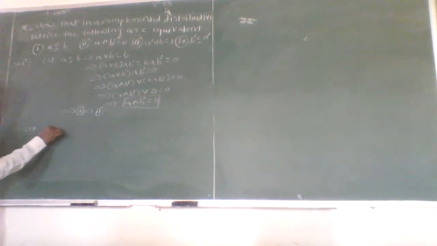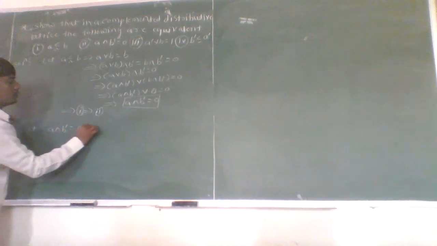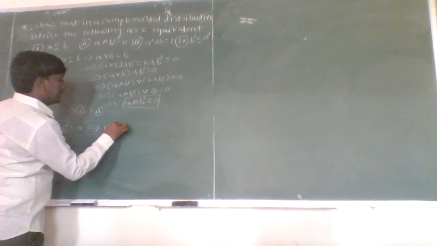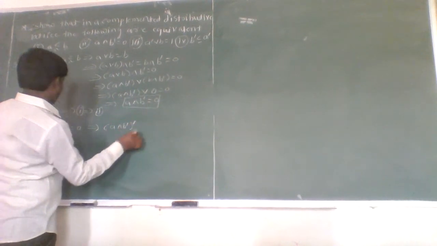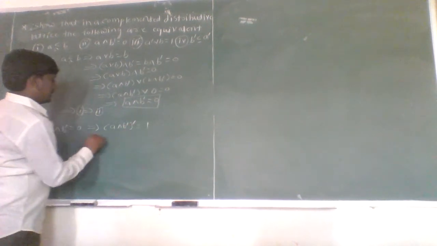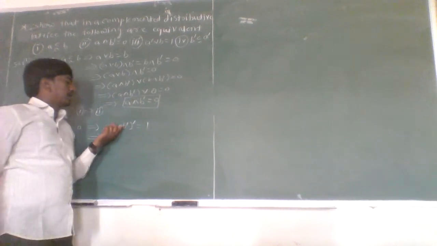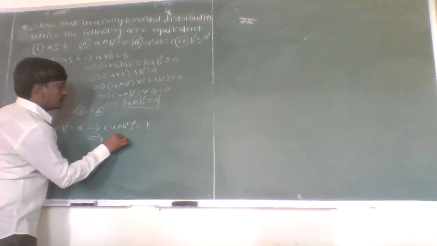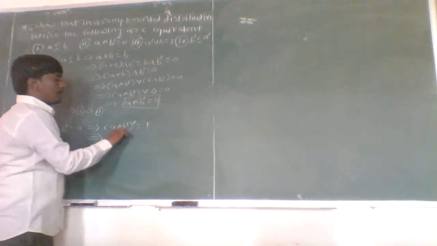Now in the second condition, let us consider A meet B dash is equal to 0. Let us take complement on both sides. Then we get complement of (A meet B dash) is equal to 0 complement. Complement of 0 is nothing but 1, and according to De Morgan's law, complement of (A meet B dash) is nothing but A dash join complement of B dash.